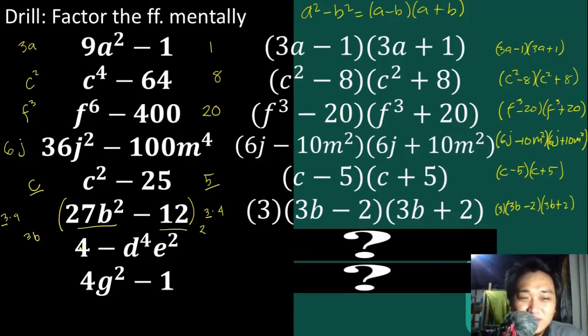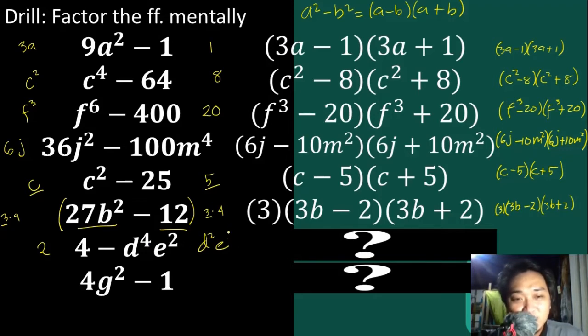O how about, let us continue. How about, what would be the factor of 4 minus d to the 4th e squared? So again, kunin lang uli natin yung square root ni 4 at saka nung second term. The square root of 4 is 2 and the square root of d to the 4th is d squared. The square root of e squared is e. Why? Kasi si 4 dinivide lang naman natin sa 2. Tapos si 2 dinivide natin sa 2 which is equivalent to 1.